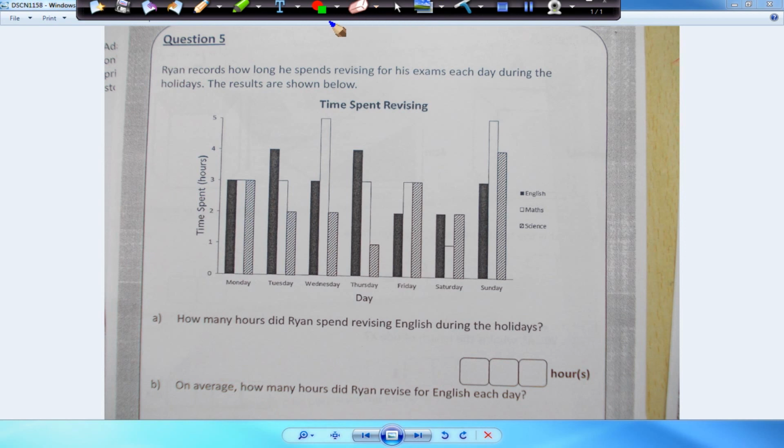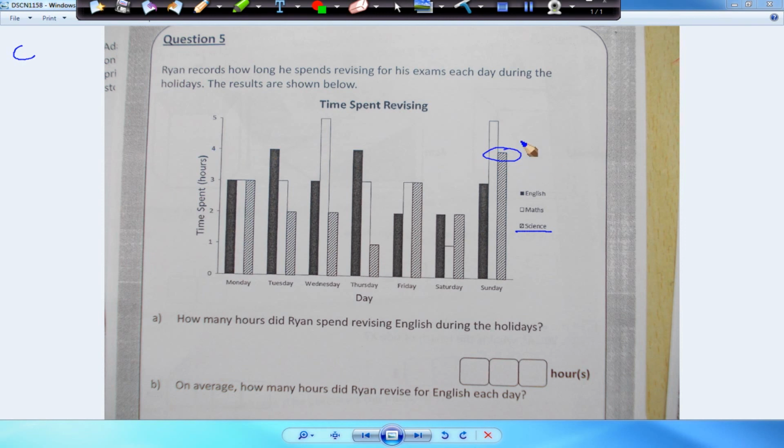Right, question C, I'm going to read it to you folks. It says, what is the range of time that Ryan spent revising for science? So for question C, I'm going to do a pair. Range for science. Which one is science? The stripes. The stripy one, okay? So the range is the largest value minus the smallest. Which is the largest value for the stripy one? The largest one is here.